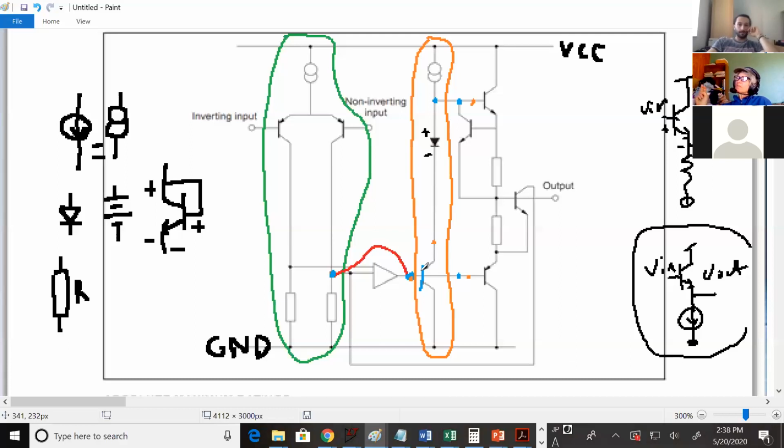So do we have crossover distortion or not? What do you think? We don't, because we have the 2 VBE on. Exactly. Because we have 2 VBE on, we're good.